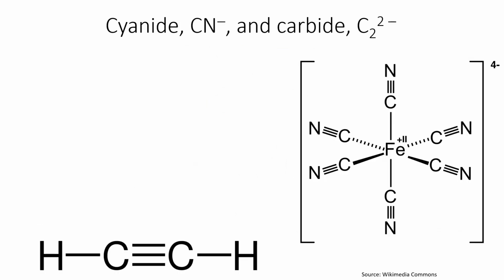Having just looked at carbon monoxide, it's very interesting to make comparisons with some similar and related species, for example cyanide. And in fact, before I go further, it's worth pointing out that carbon monoxide, CO, has the same number of electrons as nitrogen, N2. Of course, nitrogen is element number 7, so the nitrogen molecule has 14 electrons.